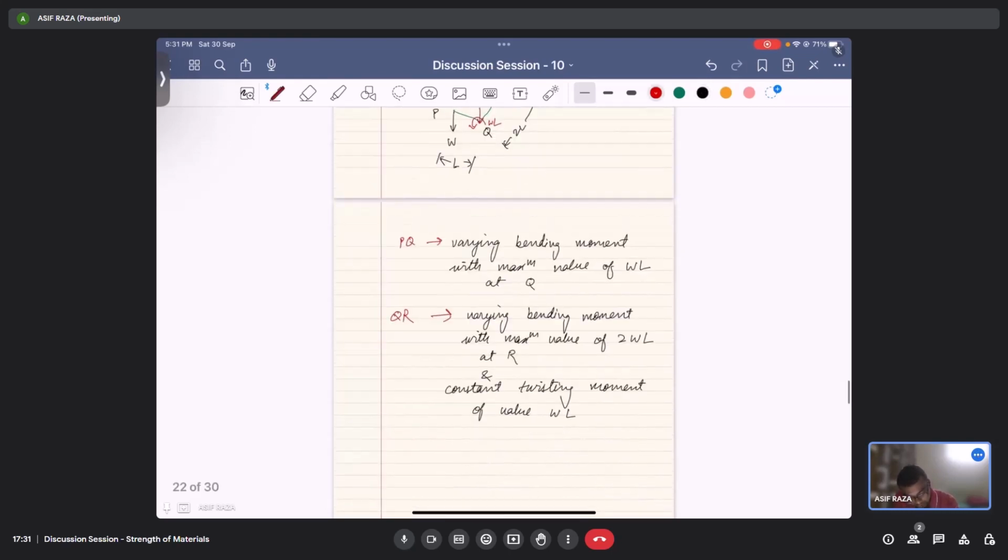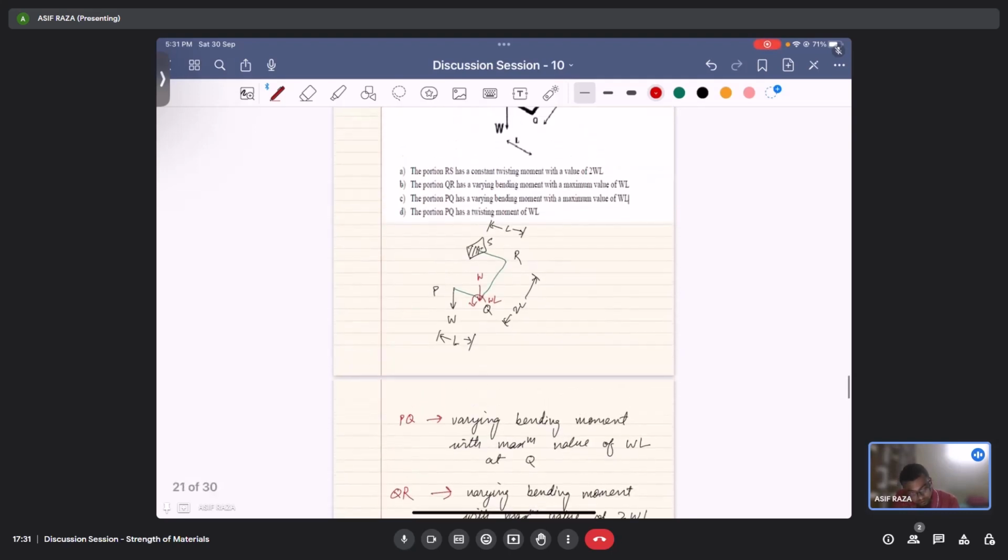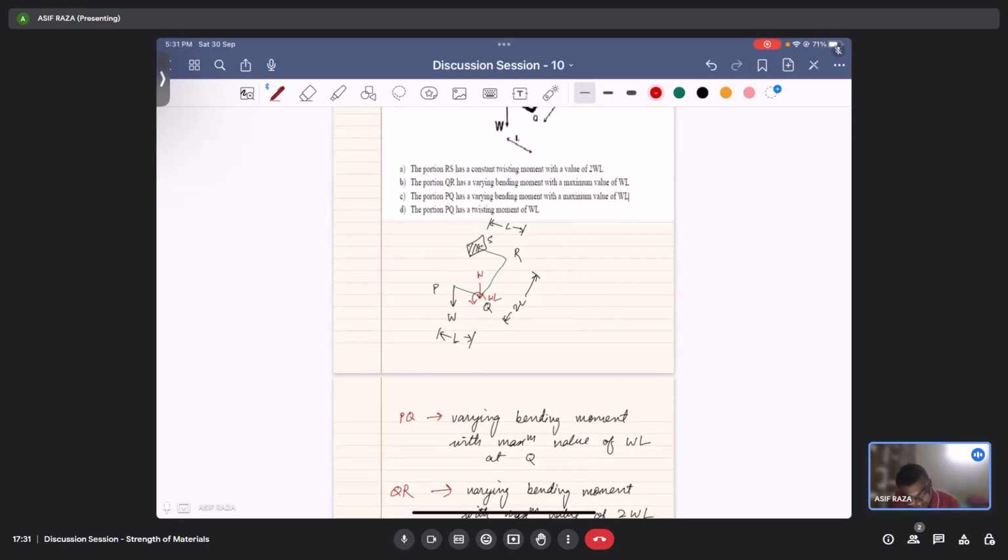Now RS. Again picturize, this load has been transferred here. There is a twisting moment WL here and there is W here, and there is a moment generated due to this, and that value is equal to 2WL here.